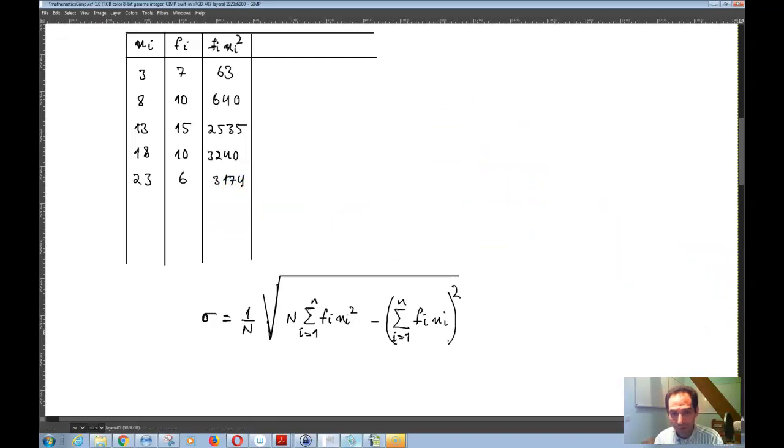And then if you want to calculate sigma f of i x of i squared, as i goes from 1 to n, that's equal to basically all of these numbers added together.